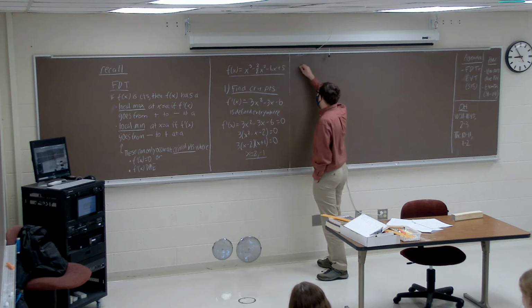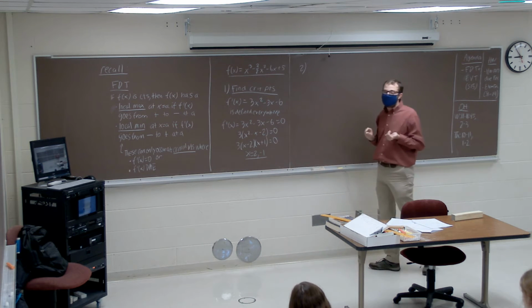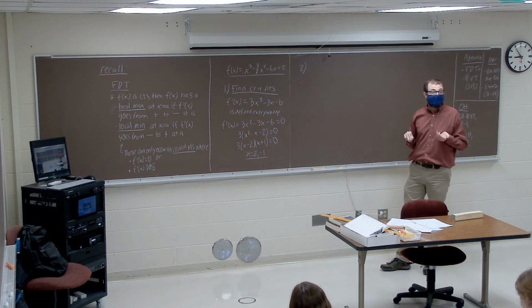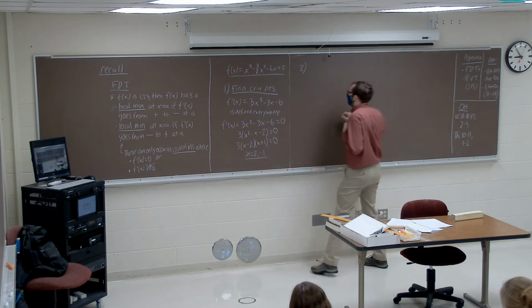So the next step, once you know where your critical points are, is we need to check what f prime is doing on each side of all of our critical points.